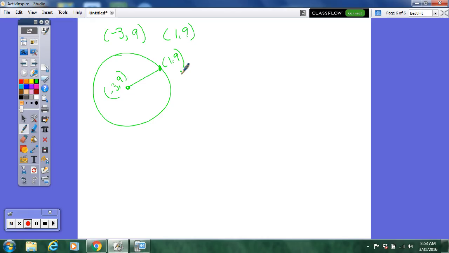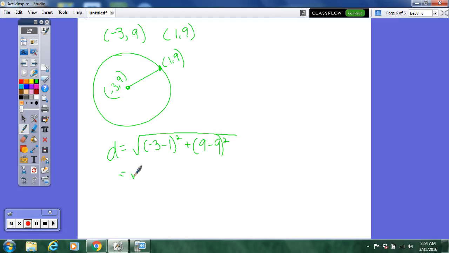So again, do the distance formula. So the distance equals, subtract your x's, -3 minus 1, and square it. Subtract your y's. Actually, this one's easier than the other one.